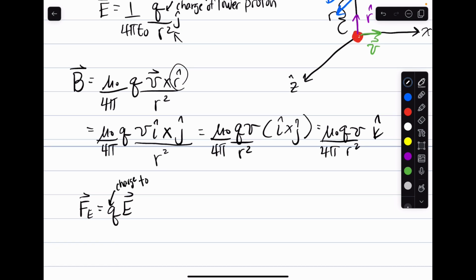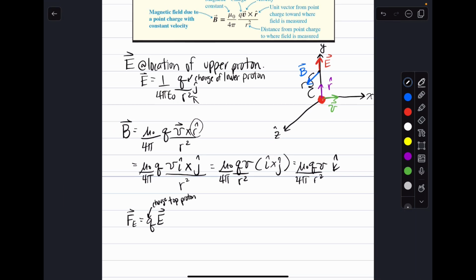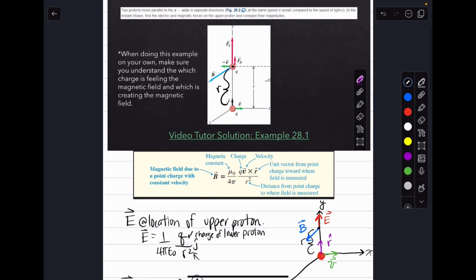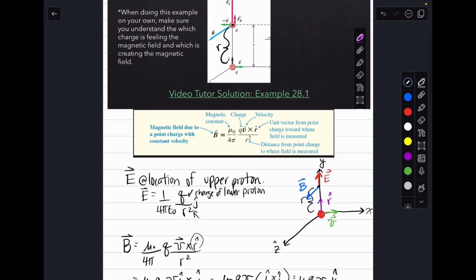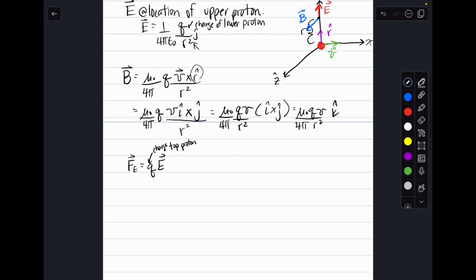The top proton, right? He's the one feeling the force. He's up here at the location that we know the electric field value. So if we put him there, he will feel the force of that electric field. So that's the charge of the top proton. And then this E is simply that, which this q is from the bottom proton.